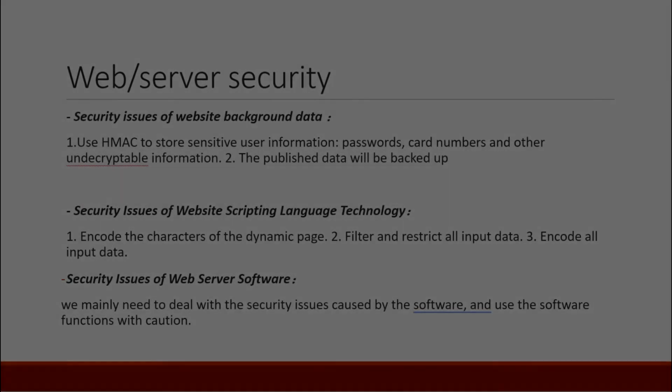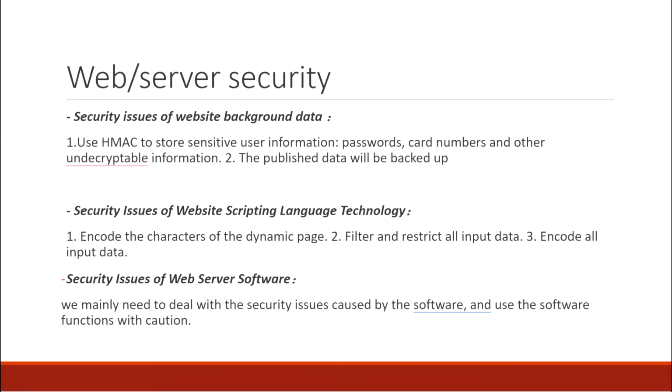I'm going to talk about the security issues and solutions that our website will encounter. The first issue is website background data. The specific content includes the login address, login account, and password protection of the website backend, for which we plan to use HMAC to store sensitive user information like passwords, card numbers, and other information.